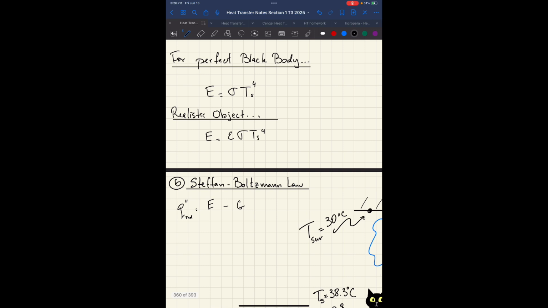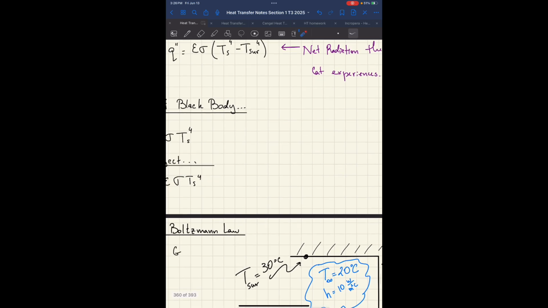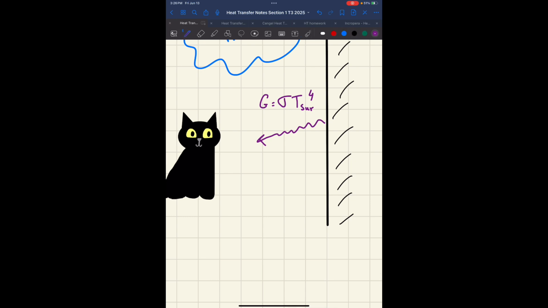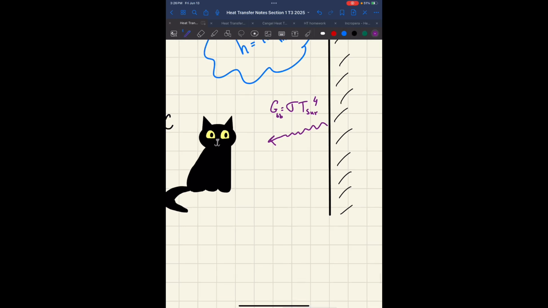And let me just do this. Okay, so this one is perfect black body, and this is the realistic object. And just again to be absolutely clear, we'll call this one for the perfect black body.